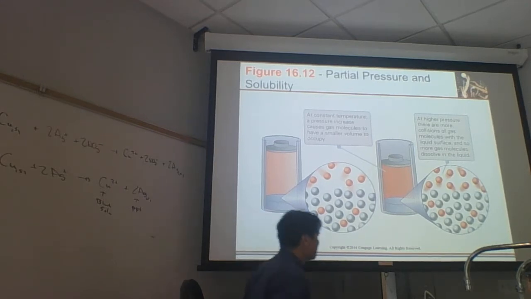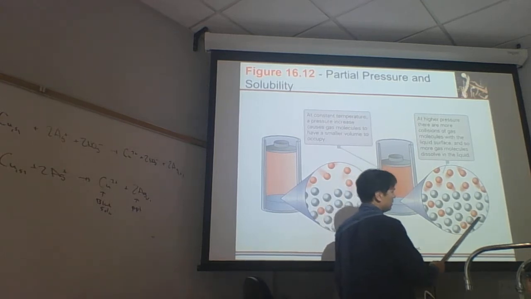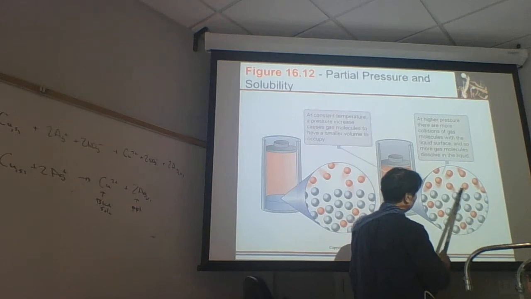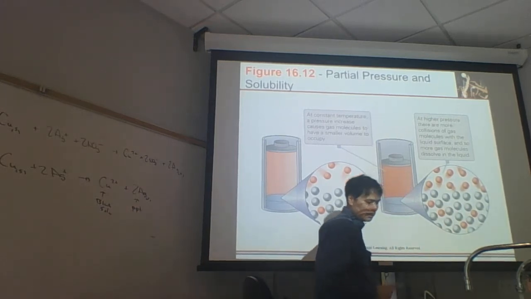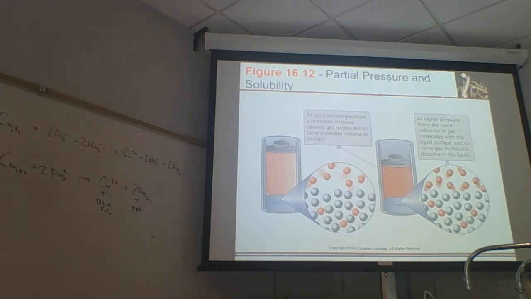If you increase the temperature, little bubbles of air will nucleate well below the boiling point. That's because the solubility of air is going down. It's nitrogen also. So if you increase the temperature, solubility goes down for gases.